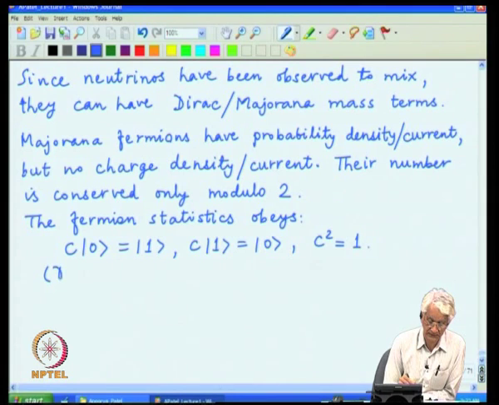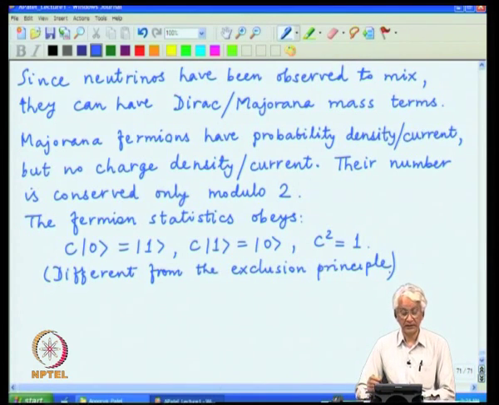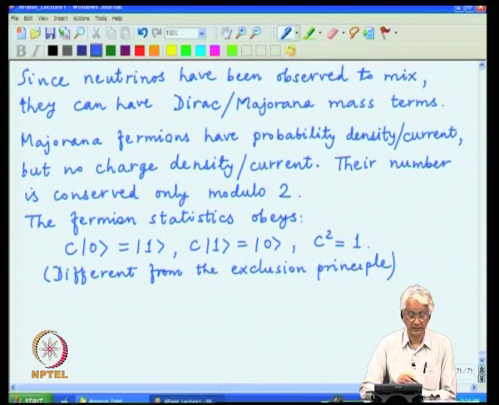So, this is different from the exclusion principle, and that is an effect that the number in this statistics is only conserved modulo 2. It does not have the more standard rule of Pauli exclusion principle, where the number can be either 0 or 1, but no other values.